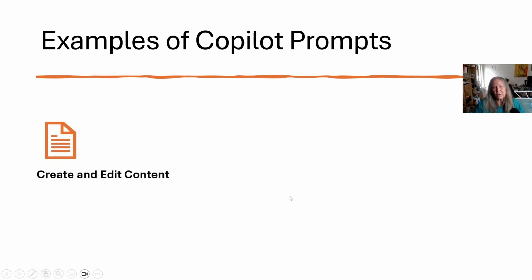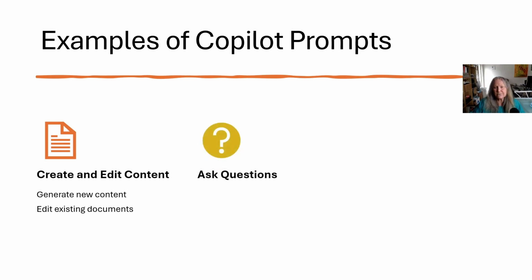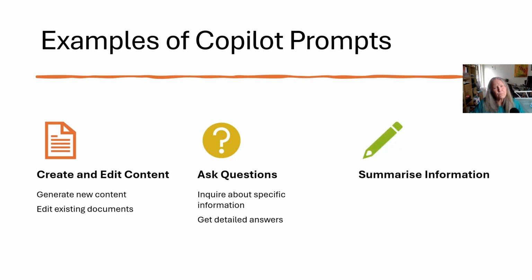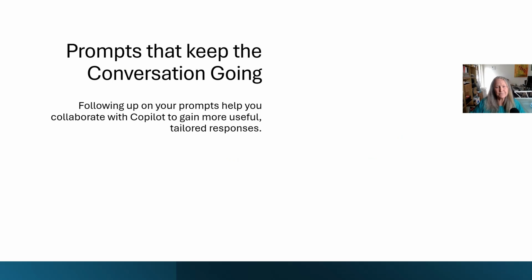Examples of Copilot prompts. Copilot prompts are used to create and to edit content, generating new content, or editing and improving existing content. Copilot prompts are used to ask questions, asking for specific information or specific detailed answers. And prompts are used to summarize information, condensing lengthy material and highlighting and summarizing key points.